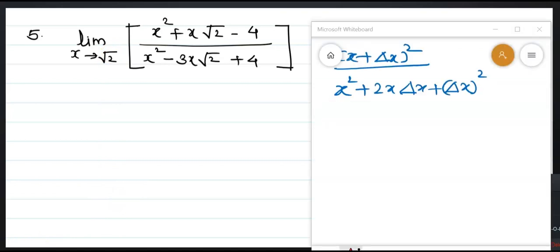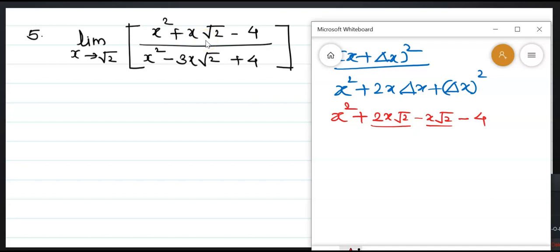Now we want to factorize. Now see this here. That is x square plus 2x root 2 minus x root 2 minus 4. Now what's happening here? 2x root 2 minus x root 2, then you will get 1x root 2.